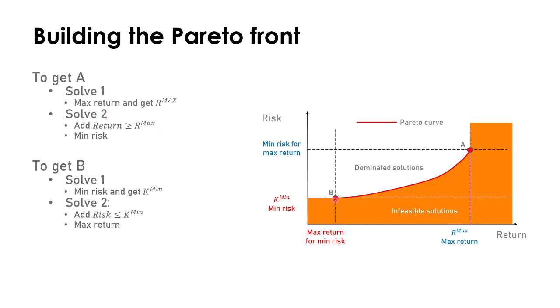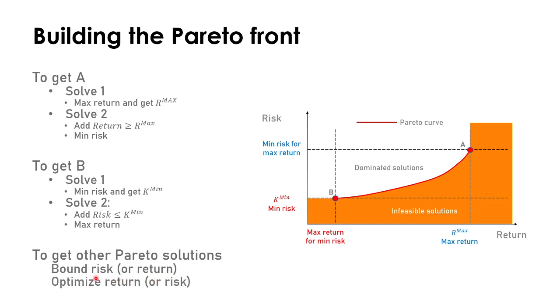And now we want to explore the rest of the curve. One way to do that is to get other Pareto solutions by bounding risk or return and optimizing return or risk. So, for example, let's go with the first one, bound risk and optimize return. I'm going to write here, let me get solutions that have, this is supposed to be a horizontal line, okay?